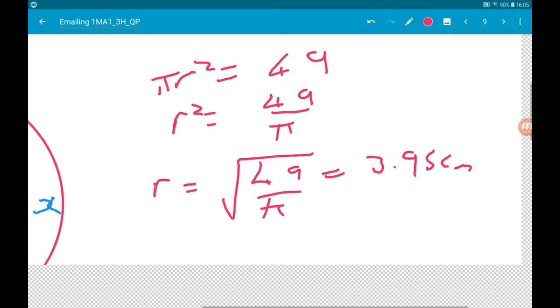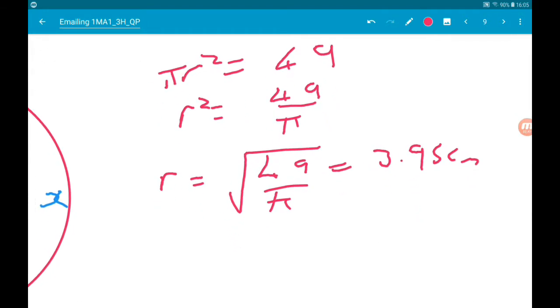Now from that, we can get the diameter, which is 2 times that, so 2 times 3.95 is 7.9. So the diameter of the circle, which is the diagonal of the square, is 7.9 centimeters.